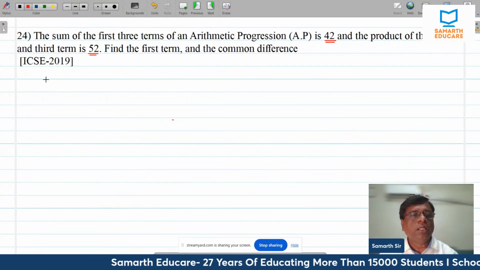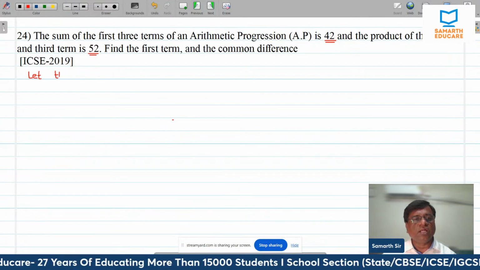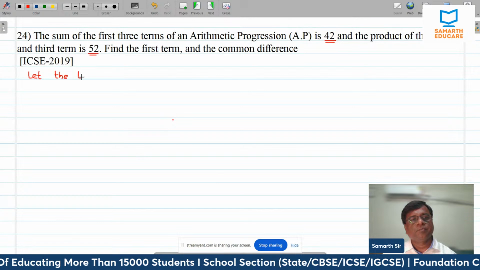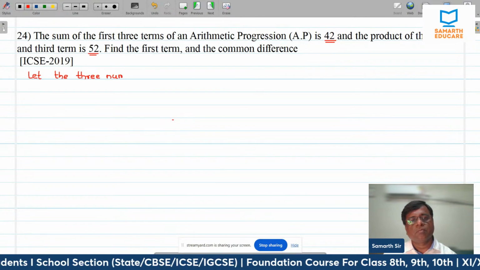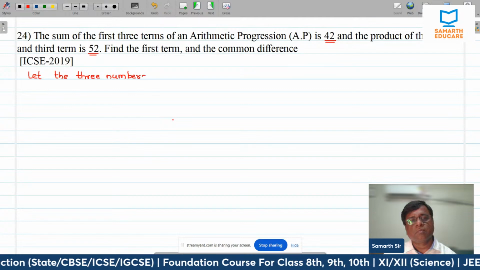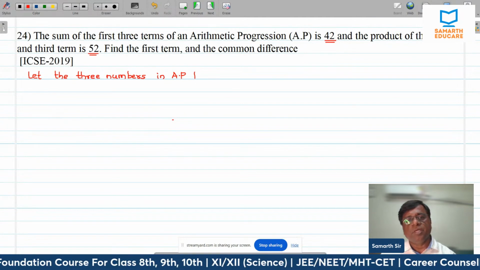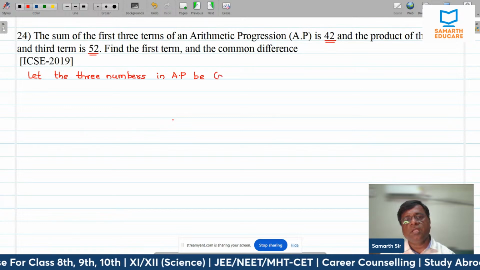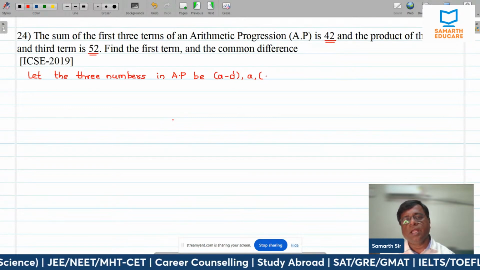Since the sum is mentioned, we have to take these numbers. So let the three numbers in AP be a minus d, a and a plus d.